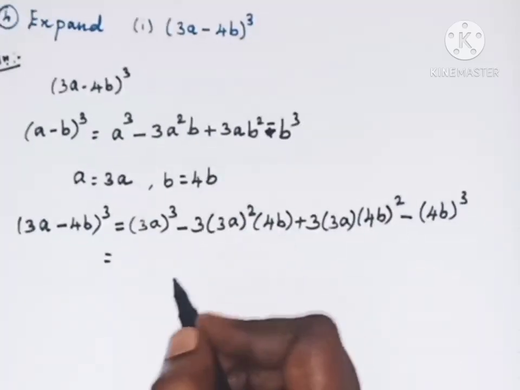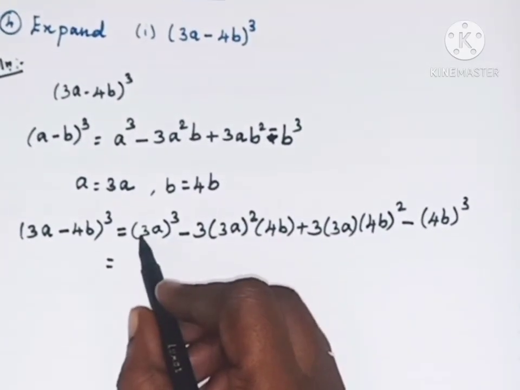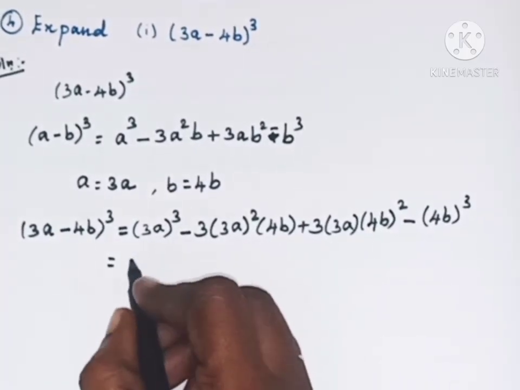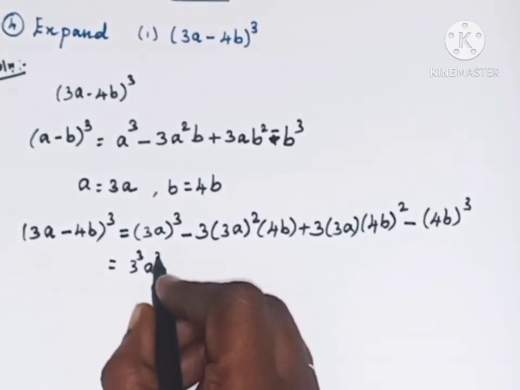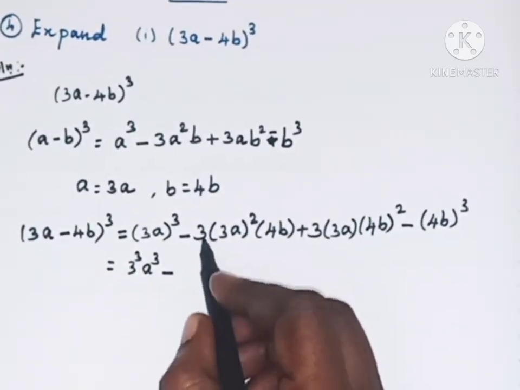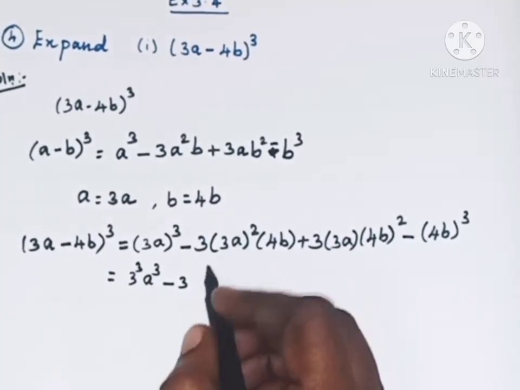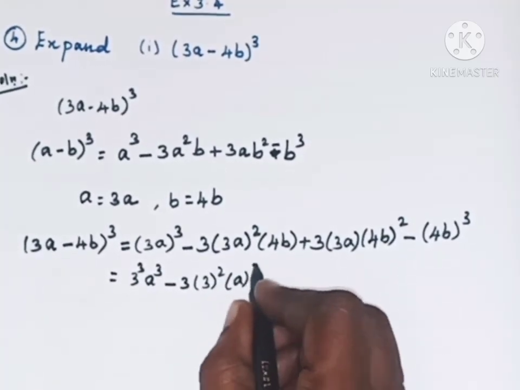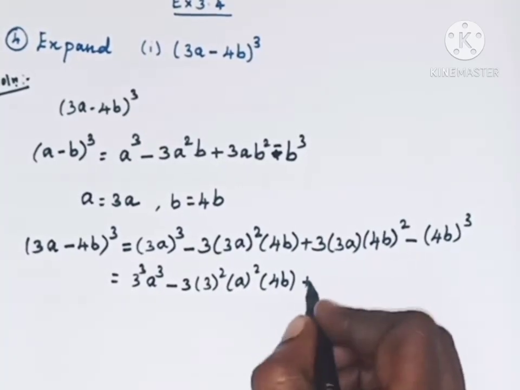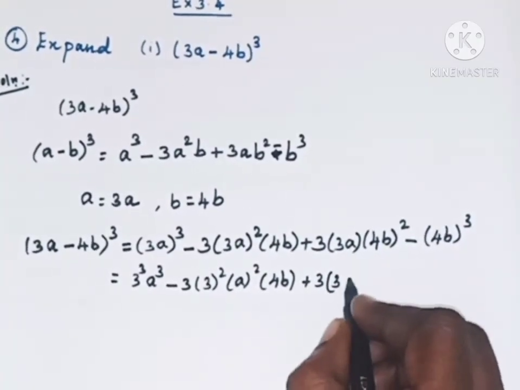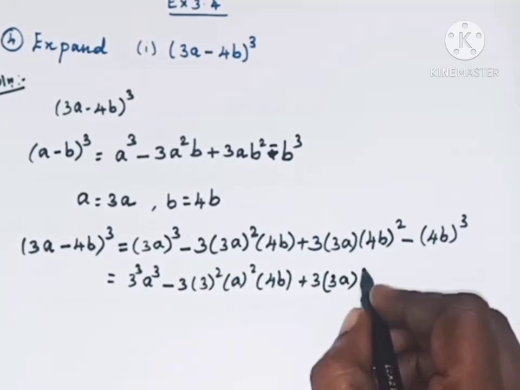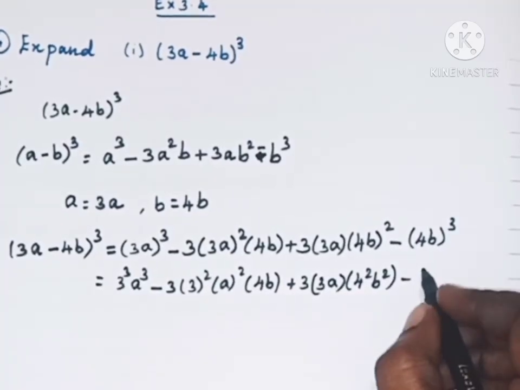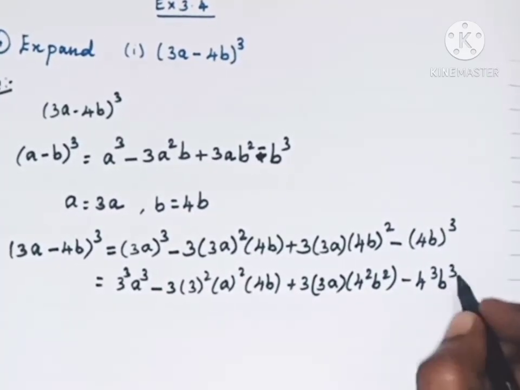Now we have to expand this. (3a) the whole cube we will write as 3 cube and a cube, minus 3 into (3a) the whole square, which we write as 3 square and a square into 4b, plus 3 into 3a, (4b) the whole square can be written as 4 square and b square, minus (4b) the whole cube can be written as 4 cube into b cube.